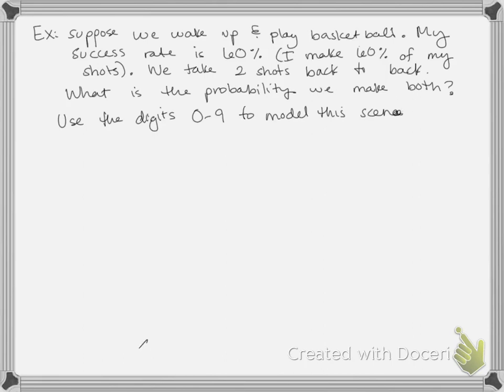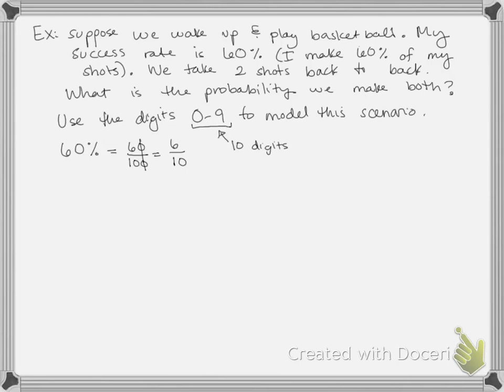So what we would say is if we have a 60% success rate, 60% is the same as 60 out of 100, and 0 through 9 is equal to 10 digits. If you lay them all out, 0, 1, 2, 3, 4, 5, 6, 7, 8, 9, that's 10 digits. So instead of thinking about this as 60 out of 100, we could reduce it and say that we would want 6 out of our 10 digits to represent being successful.